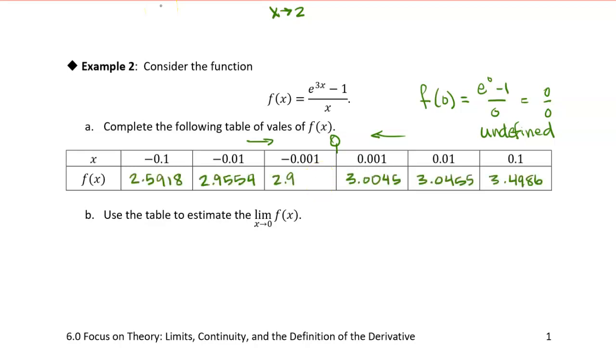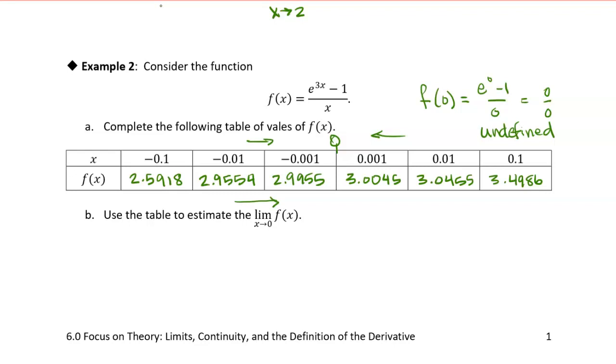All right. So let me finish filling this out. Okay. So now I've filled out this table. I've just put in values of x on either side of 0 and calculated values. Just put it into the function and calculate. So you can see what happens as x gets smaller and smaller, gets closer and closer to 0.